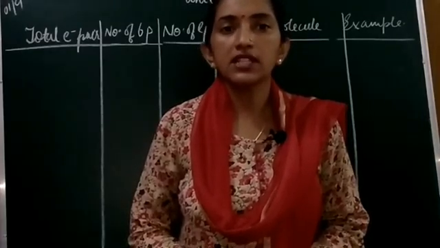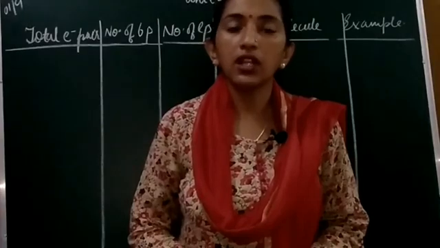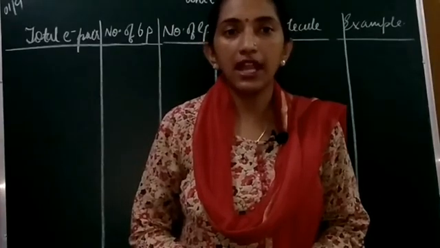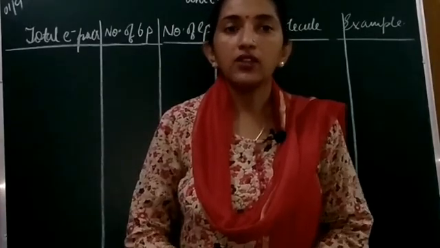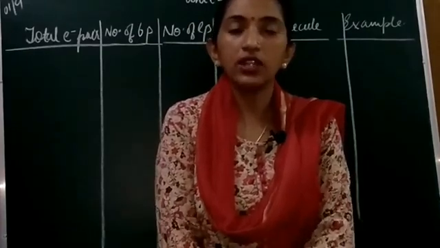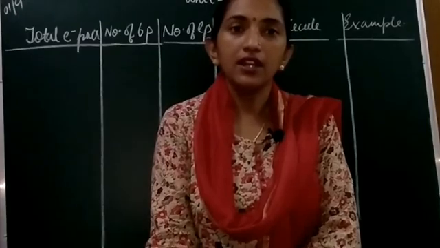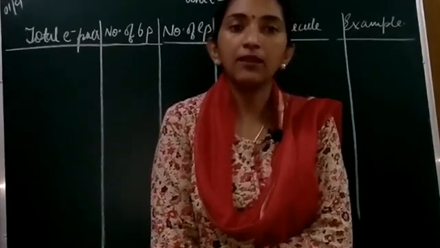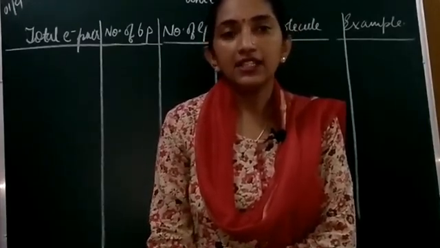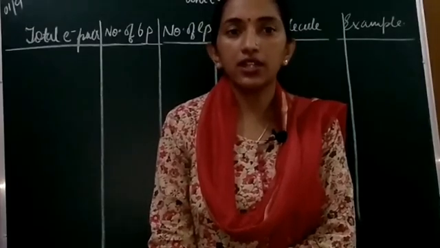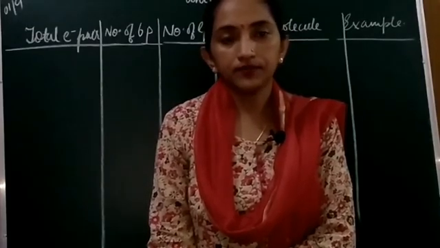In a similar way, we discussed the case when the total electron pair around the central atom is 4. And last day we started with 5. The total electron pair around the central atom is 5, and if all of them are bond pairs, in that case the shape of the molecule is trigonal bipyramidal.